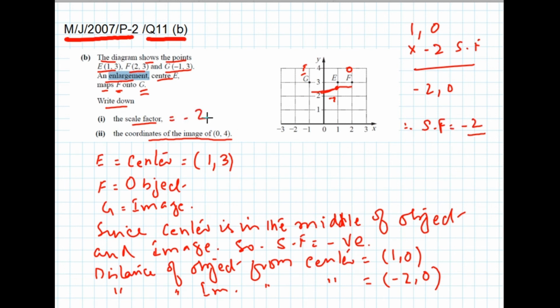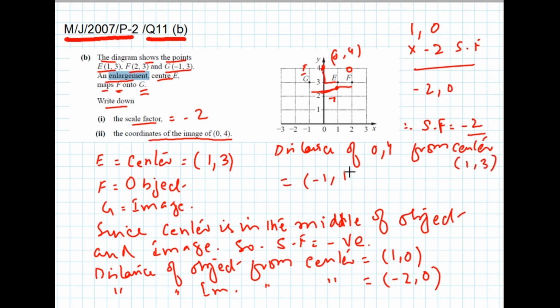Now in part 2, the coordinates of image of point (0, 4) is required. Here it is shown (0, 4) on the grid. Now the distance of object (0, 4) from center of enlargement E (1, 3) is equal to minus 1, 1 as shown.